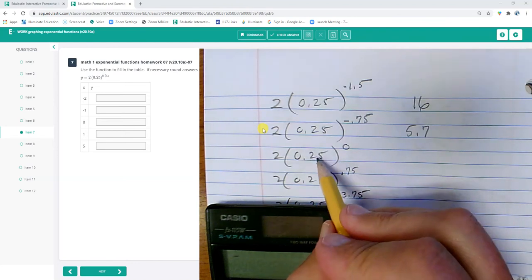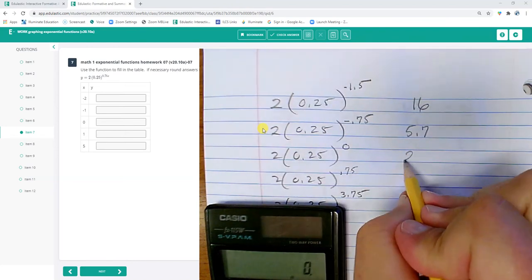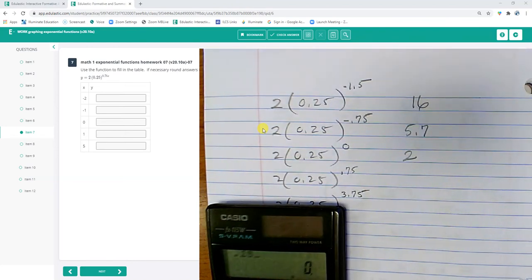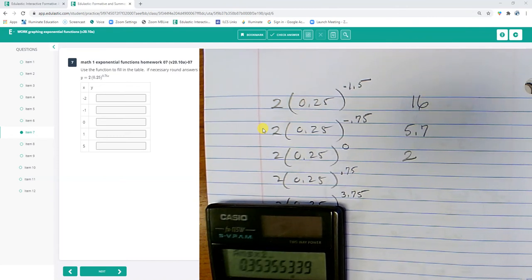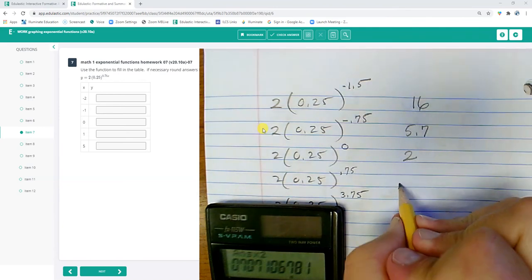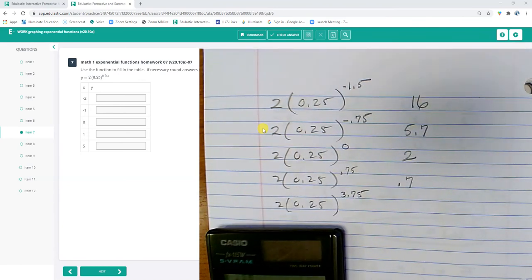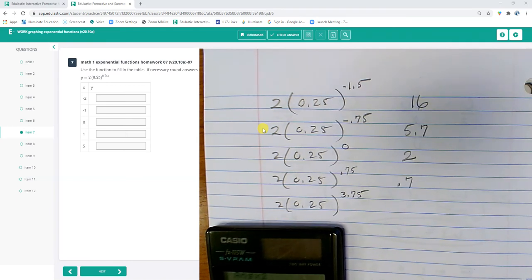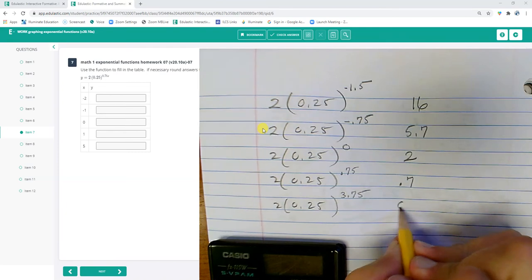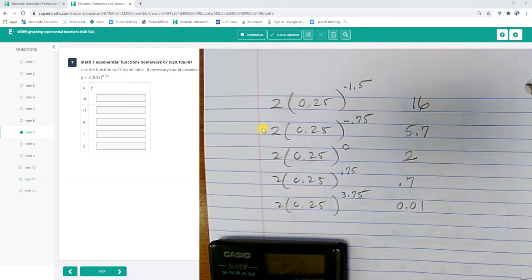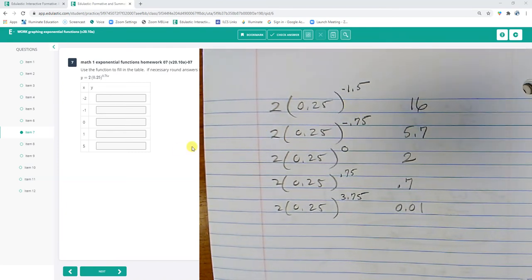Anything to the 0 power is 1, times 2 is 2. 0.25 raised to the 0.75, times 2 is 0.7. And then our last one, 0.25 raised to the 3.75 times 2. Wow, it's practically a 0. Okay, let's get those guys in, see if we get them right.